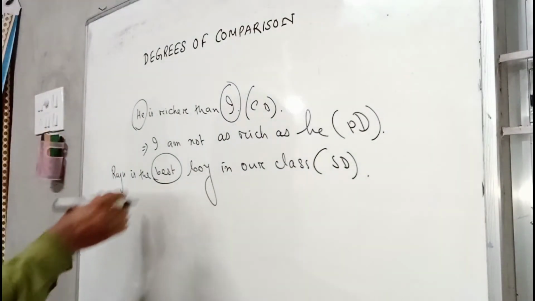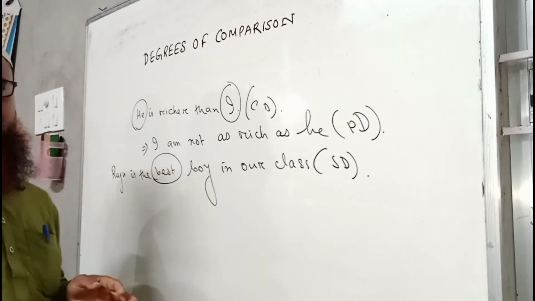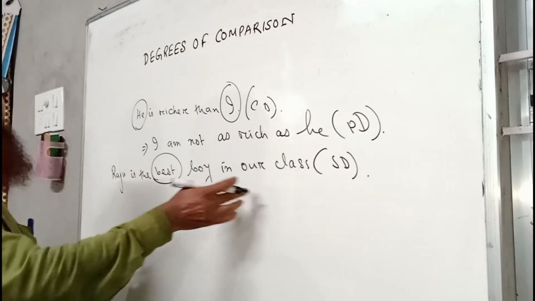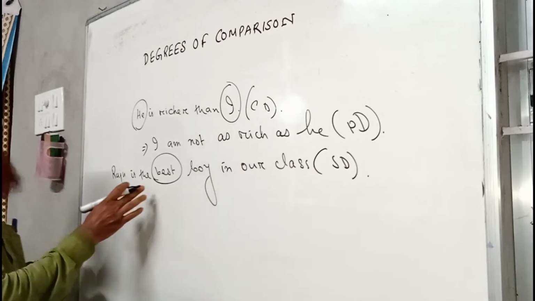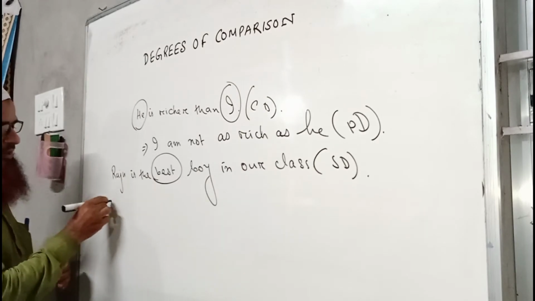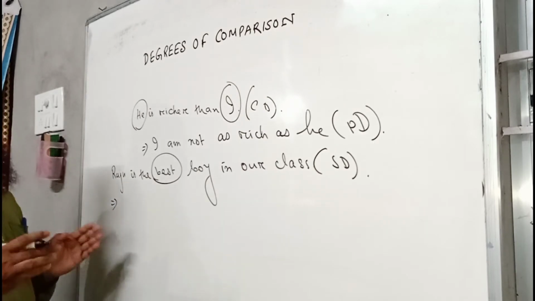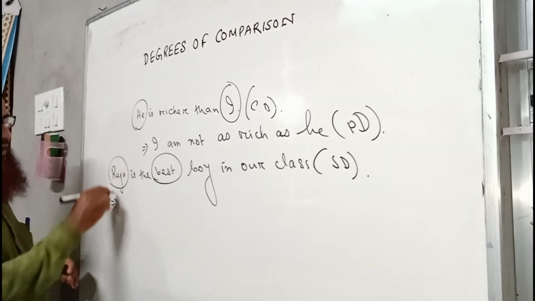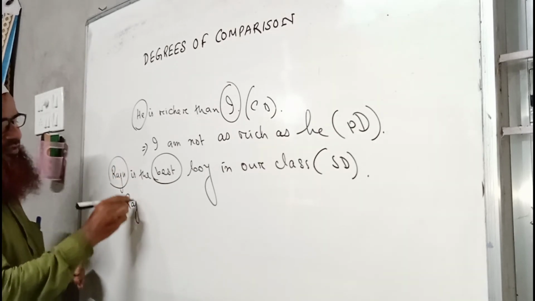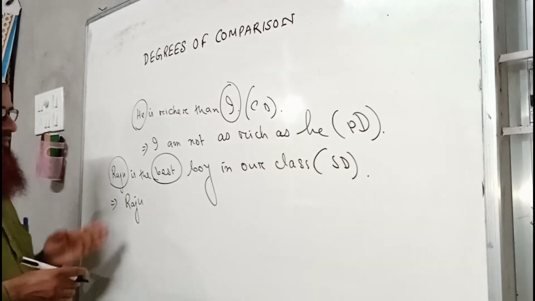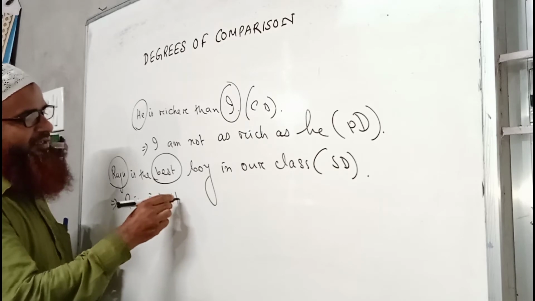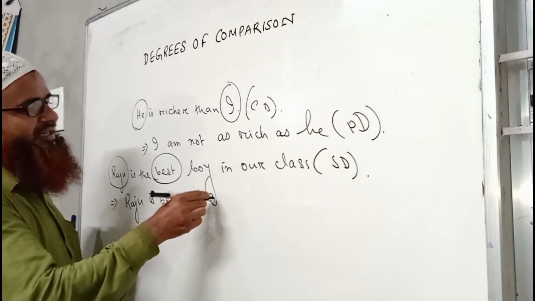So this sentence can be changed in three forms of degrees of comparison. Here it is already in superlative degree. Now we can change it into comparative one, and for changing into comparative one, we have to start the sentence with the same subject. So this is the revision of the previous video. Raju is better, and then any other.